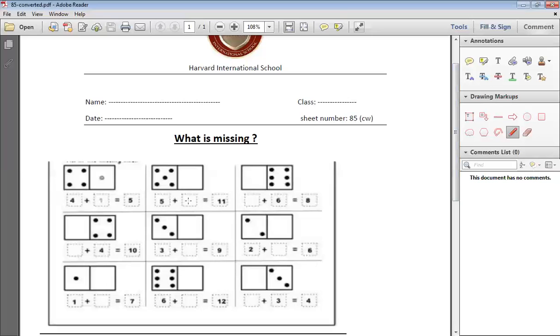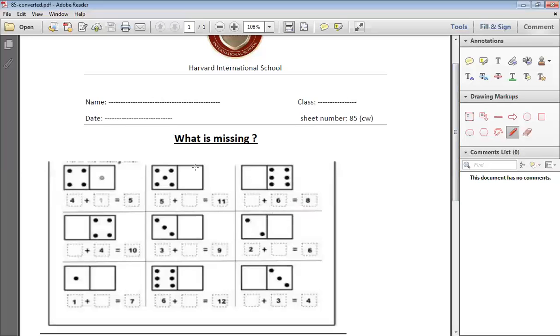The empty space is in the middle, right? Or he is asking you about this number, which is at the beginning. So the missing numbers means that he will ask you about the numbers in the middle or at the beginning.